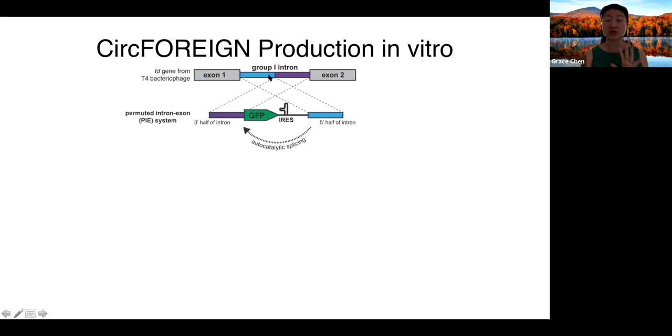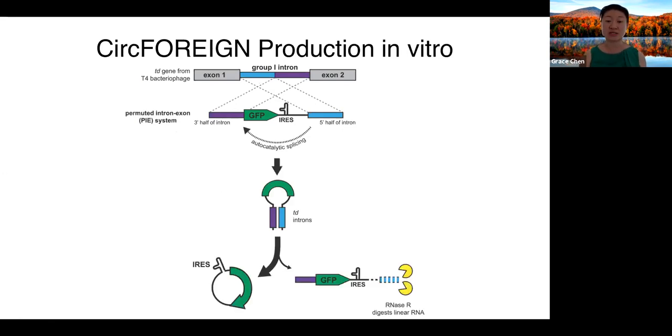However, if we take this group 1 intron, split it in half, and put the 3' end upstream of a sequence of interest and the 5' end downstream of a sequence of interest, we find that in this permuted intron-exon system, whatever is in between these two intron halves will splice itself into a circle in an autocatalytic fashion. So this means that during in vitro transcription, without the addition of any other protein components, we can generate circular RNA. We call this a CircFOREIGN.